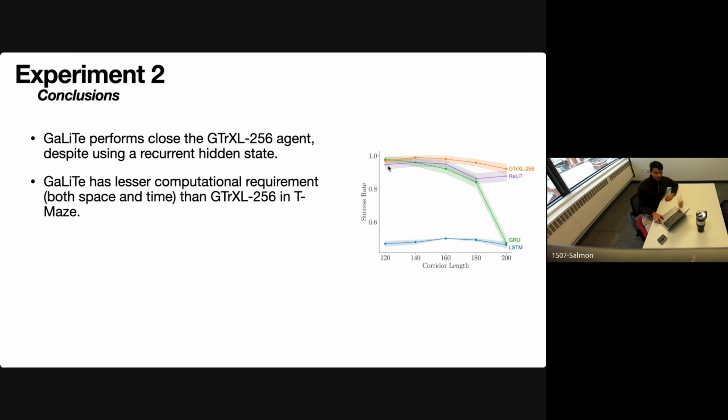So we were able to show an architecture which performs close to the GTrXL 256 agent despite using a recurrent hidden state. And it has lesser computational requirements, both in terms of space and time, than the GTrXL 256 agent in the TMAs problem.